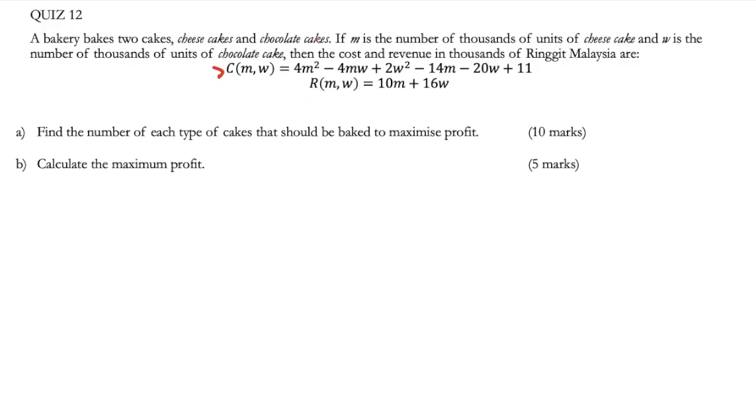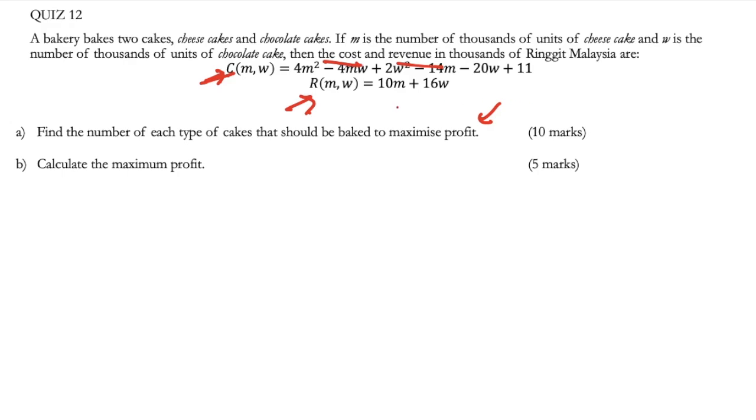Now, before I proceed with question A and question B, I found out that so many students got it wrong. You know why? They thought that the first one is the revenue function. No, you look at the question: the cost and revenue. So the first one is cost, the second one is revenue. And because of the wrong understanding, they got the wrong profit function.